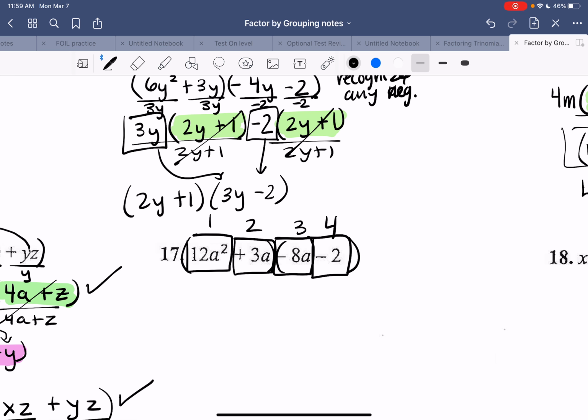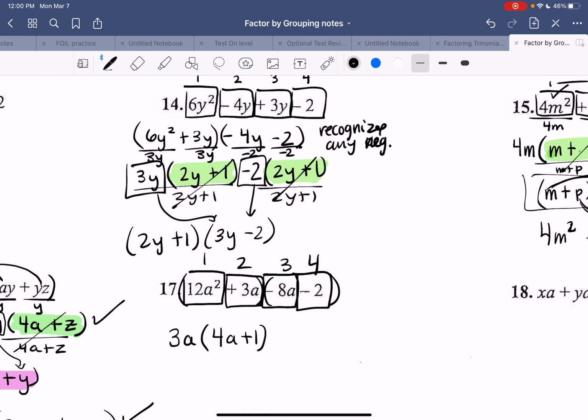When I factor out a common factor from 12a squared plus 3a, 3a is my common factor, and what's left is 4a plus 1. Then, like the last problem, you have to recognize that the common factor is -2, and what's left is 4a plus 1. Again, make sure to pull the negative sign out.